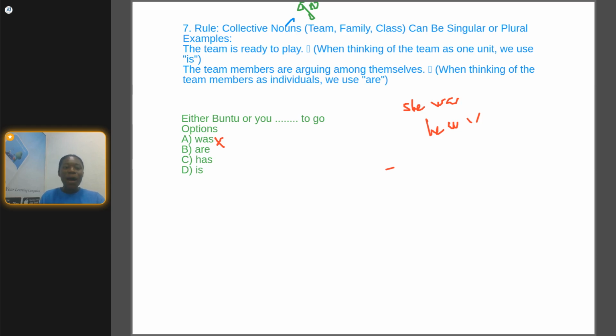Now also remember the rule on or nor. So it means we are applying two rules here. The rule of you: whatever follows you, we already know that what would follow it is a plural. So we have to rule out all singular options. So was is used for singular subject, is is used for singular subject.